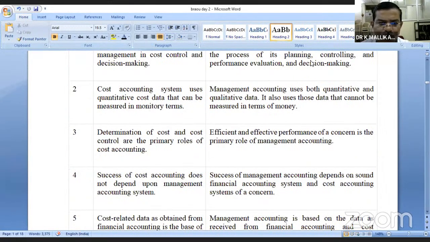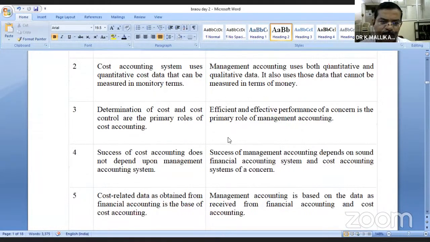And both they can use. So determination of cost and cost control is the prime objective of cost accounting, whereas the effectiveness and efficiency of the performance of the concern is the primary goal of management accounting. So there are two different objectives. The success of cost accounting does not depend upon the management information system.